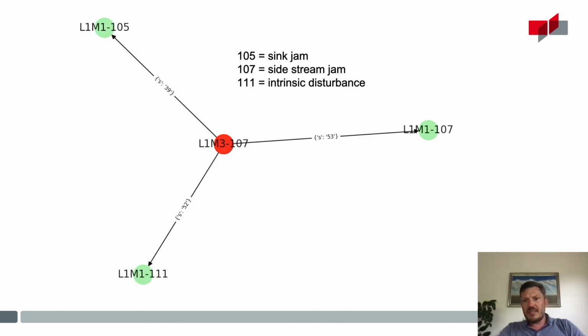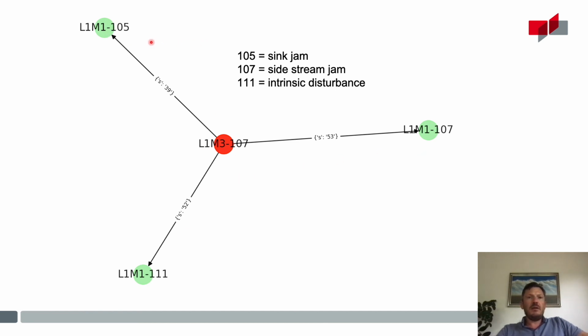If we look at the same representation in iteration 2, we see a split and we see a correlation between the state of machine 3, 107, so red means machine 3 changes its status before, and the status which appears to be correlated is 107, which is a side stream jam. And there are 3 different correlated status of machine 1.